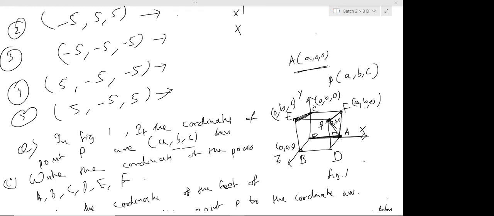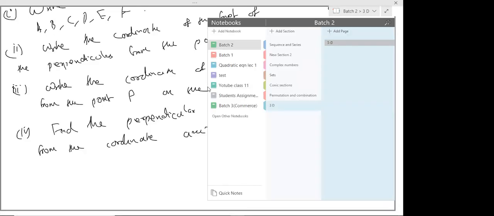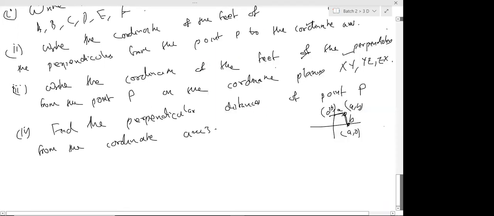Okay. So in this second part, the answers are the coordinates of A, C, and B. Right? All the perpendiculars. In the third part, what are the coordinates of the feet of the perpendiculars from the point P on the coordinate planes?